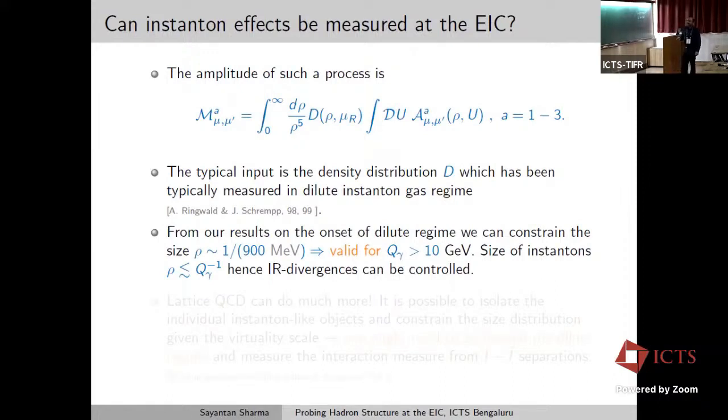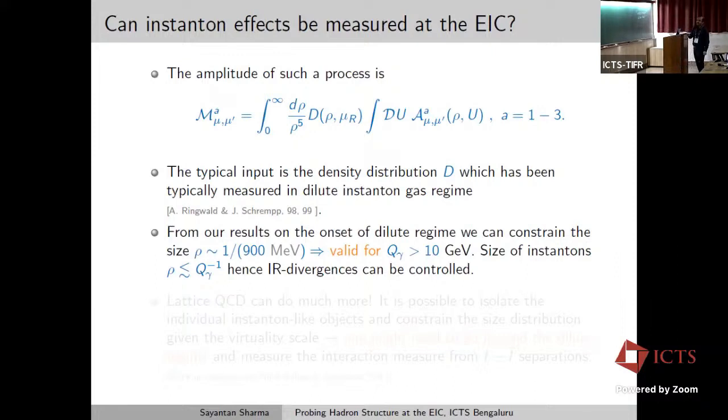And in these calculations, of course, this energy scale, or inverse of this energy scale, can be thought of as an infrared cutoff. So then this perturbation theory calculation is almost valid.